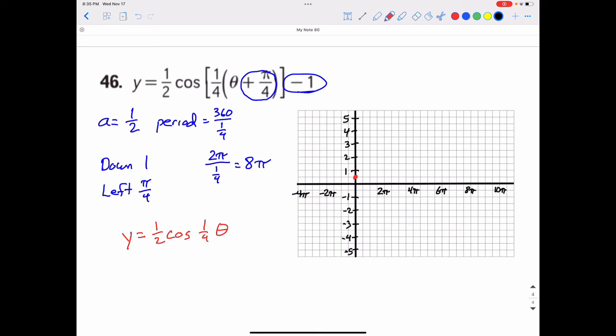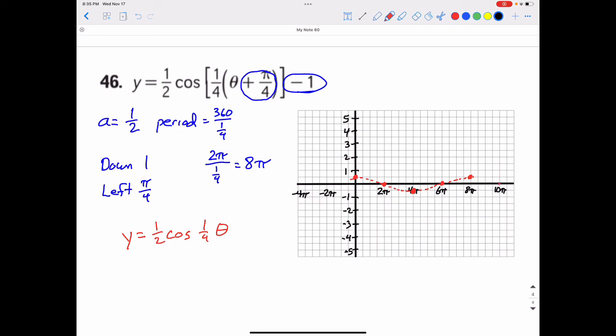And at 8 pi will also be at a half a unit. At 4 pi will be at its low point, which is only negative half unit. And then at 2 pi, which is halfway between 0 and 4 pi, will be on the x-axis, the same for 6 pi. So this is one full period of the unshifted graph.